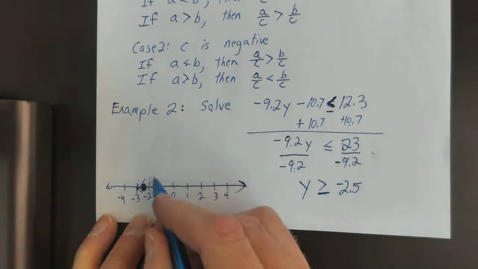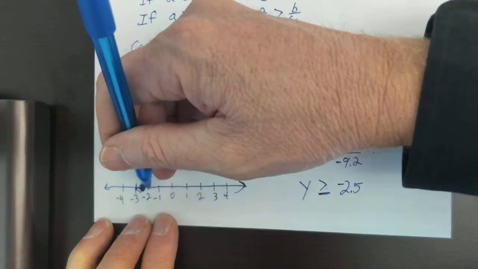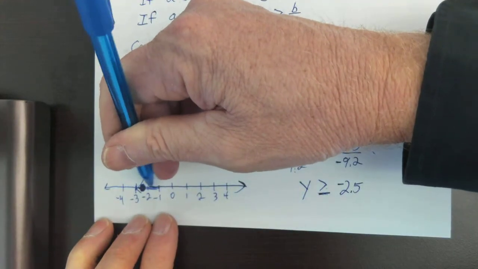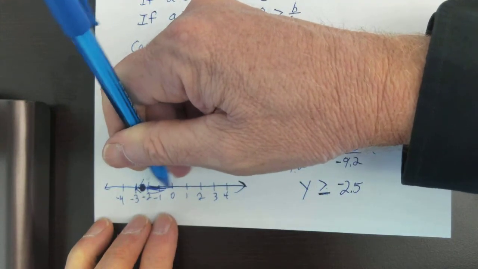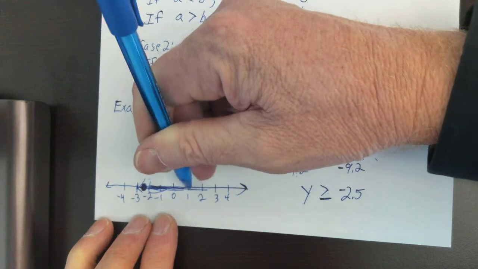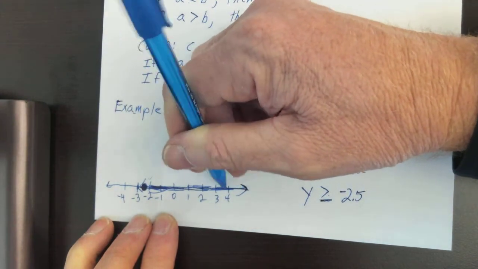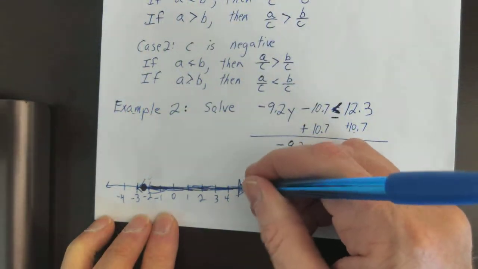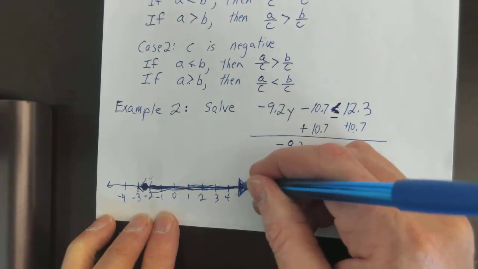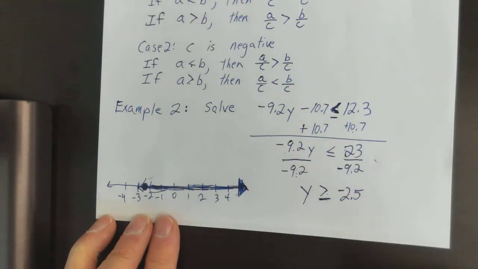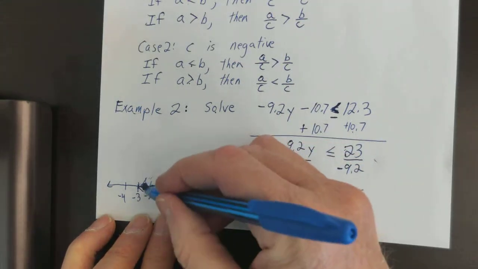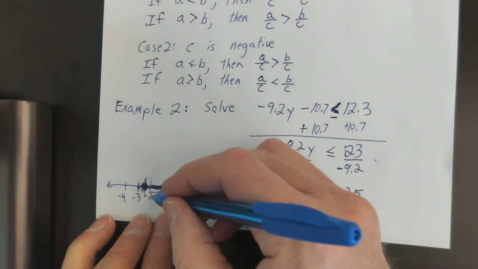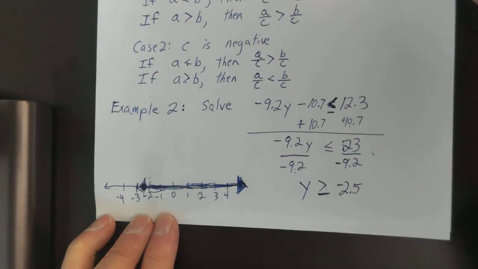And then I'm going to draw a heavy arrow to the right because we're greater than or equal to. Okay. Make that point a little more prominent. That's halfway between the negative 3 and the negative 2. So y is greater than or equal to negative 2.5.